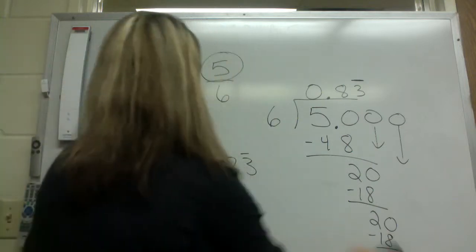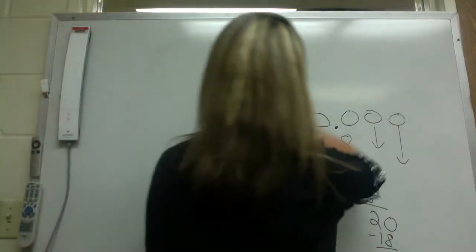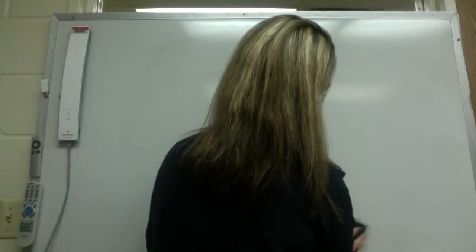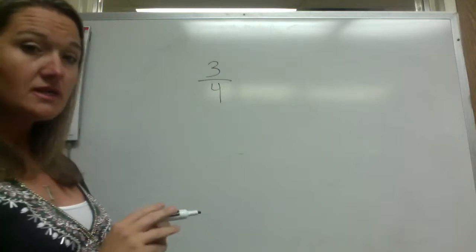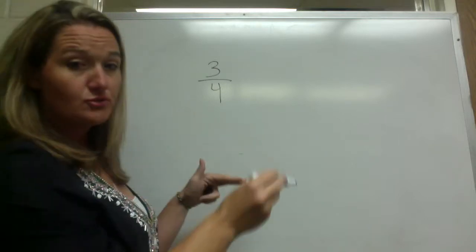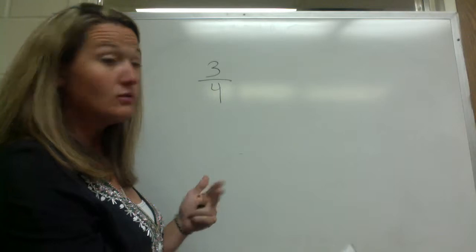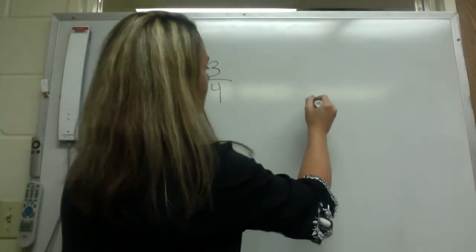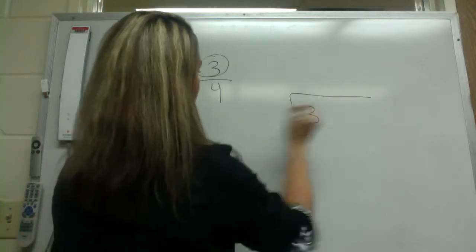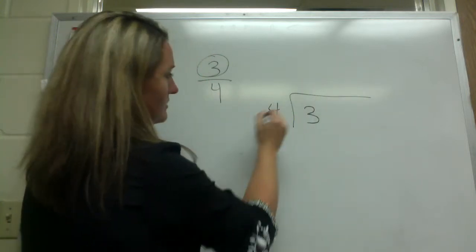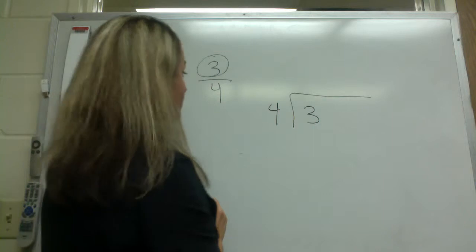All right, let's do this again. Let's do 3/4. I know you're probably saying, I already know what 3/4 is as a decimal, and that's fine. But we're going to do the same process so you can see, yeah, I was right. Again, we put the top number in the house, and the 4 is the divisor.